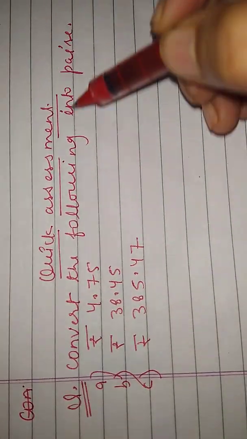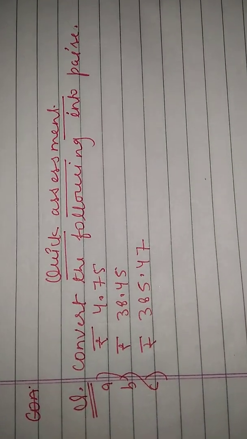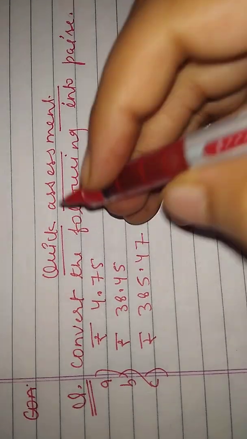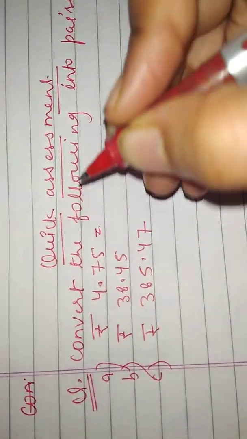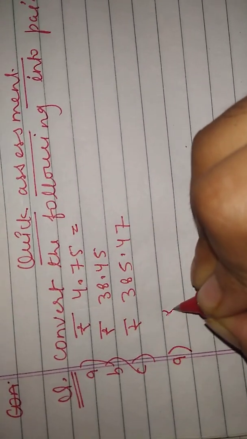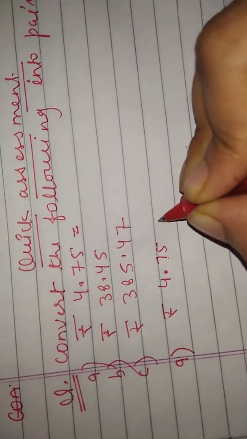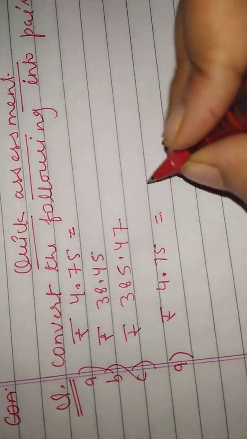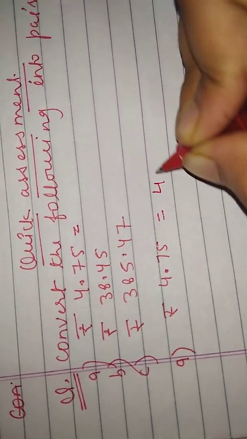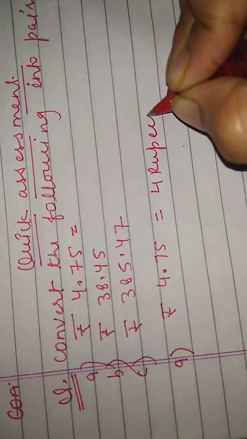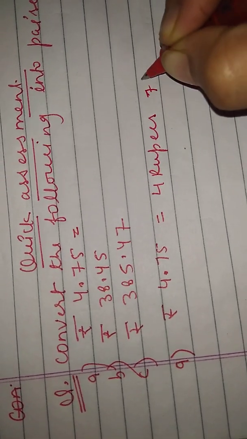Question number 1, convert the following into paise, right? We have rupees 4 and 75 paise. What we will do, I am solving here, so this will be rupees 4 and 75 paise, right? I can write it 4 rupees and 75 paise.